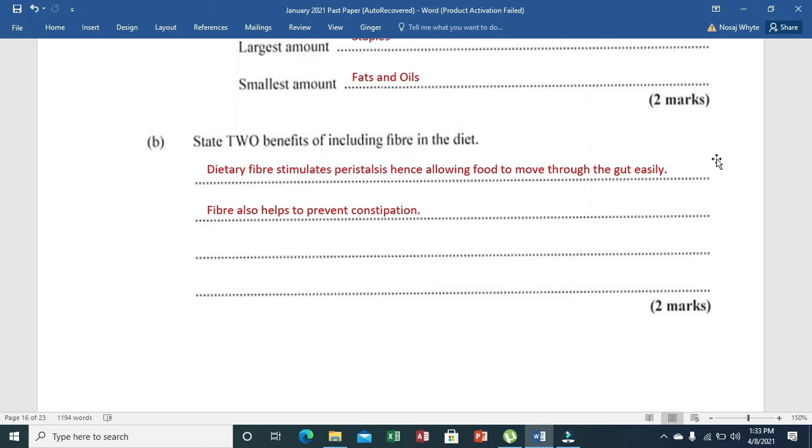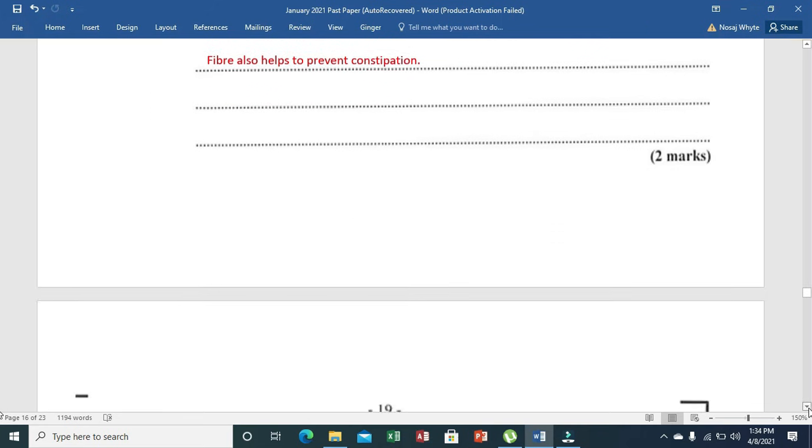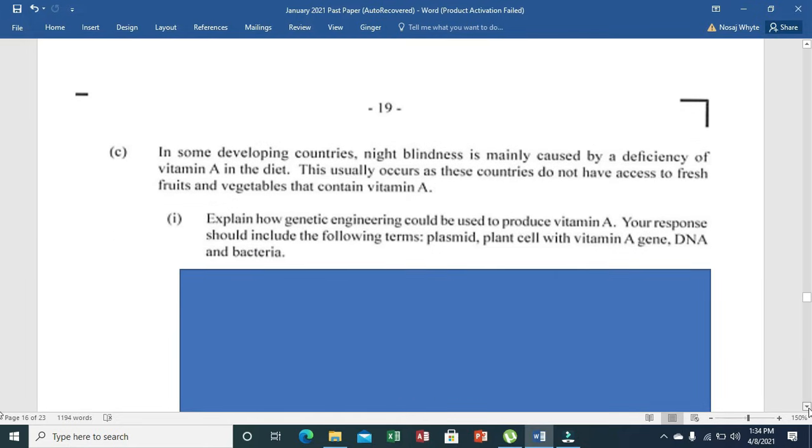It requires pretty much a contraction of those circular muscles, squeezing the food through the gut, one would say. And constipation is pretty much when there is a difficulty passing your stool. So of course roughage or fiber is very, very important in the diet.